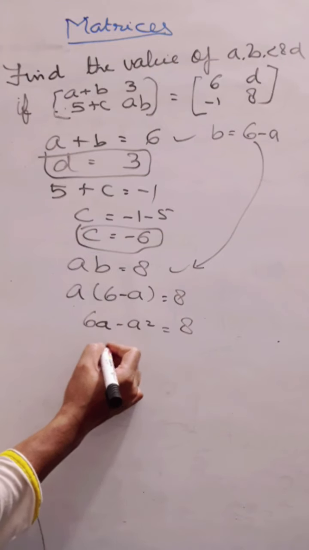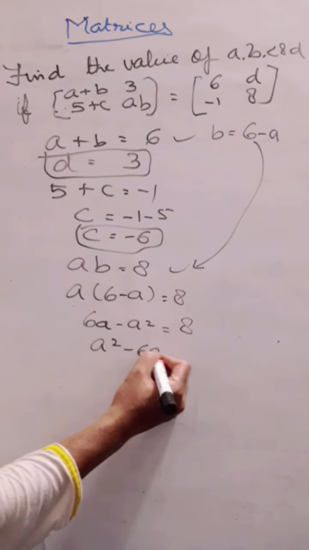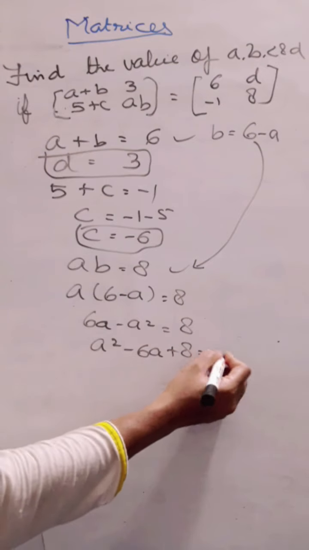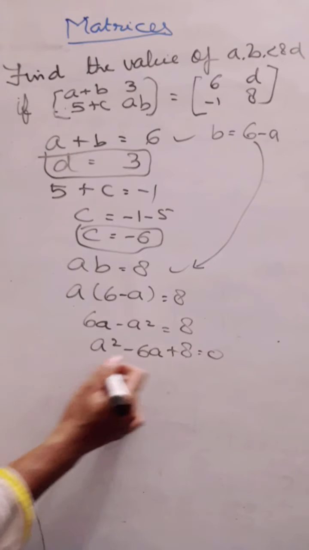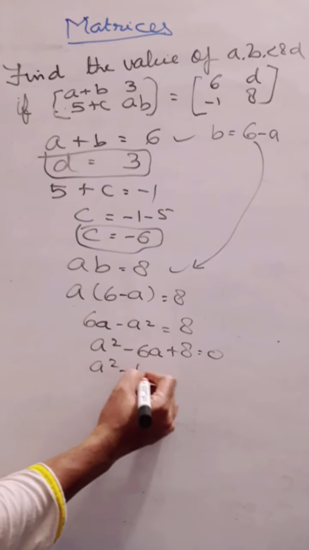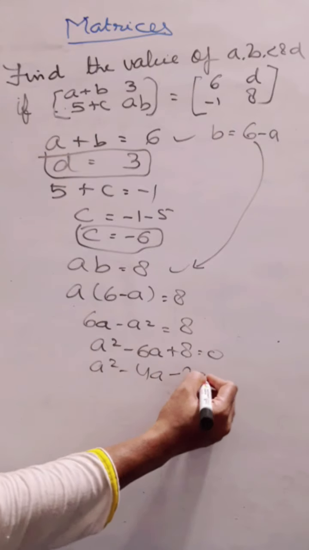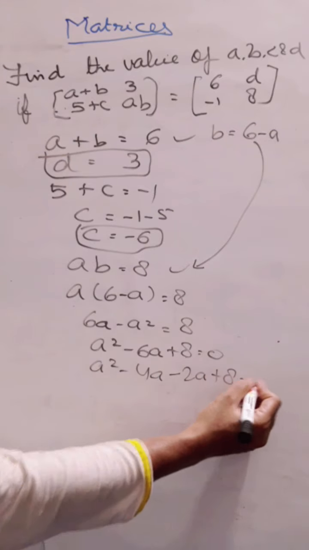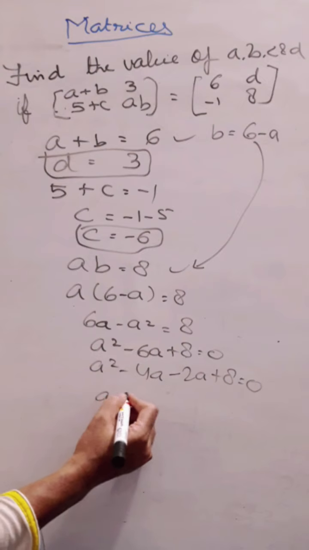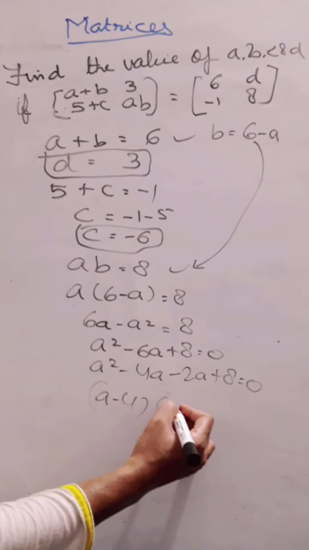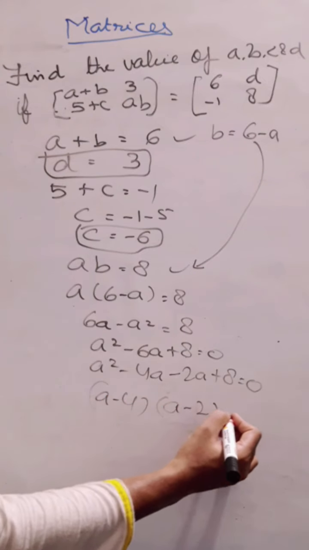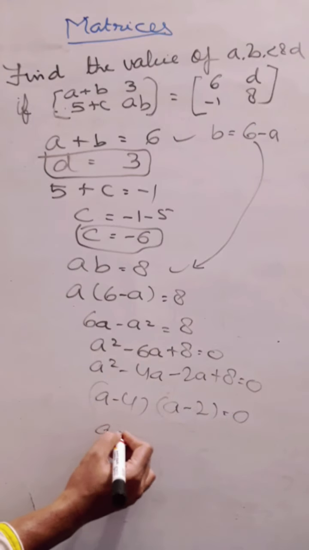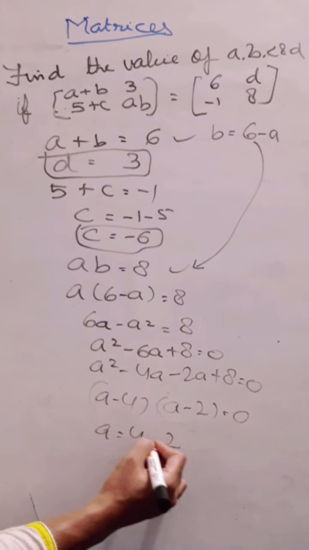So I will get a square minus 6a plus 8 equals 0. Now 4 and 2 will be the factors. So a square minus 4a minus 2a plus 8 equals 0. Now factoring this, I will get (a minus 4) and (a minus 2) equals 0. So a is 4 or 2.